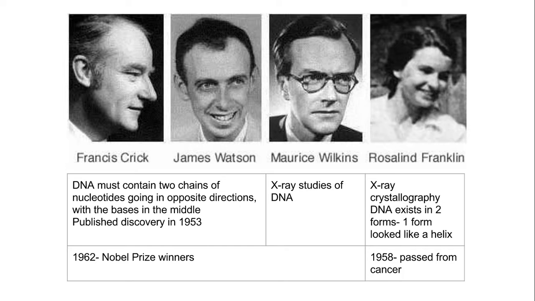She wasn't completely convinced of this fact, and so didn't showcase her work earlier, but she was working with Maurice Wilkins, who was very well equipped at studying these X-rays of DNA, and he was more than willing to share the work that Rosalind Franklin found, that DNA did look like a helix.